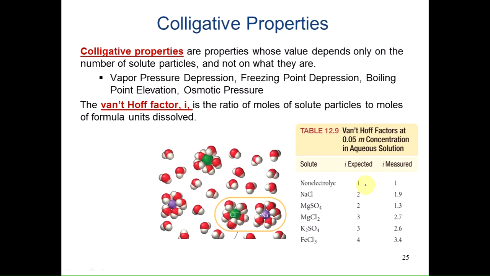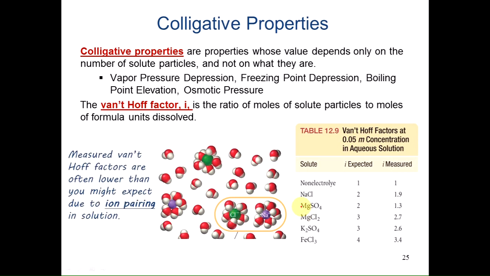But in reality, these are a little bit different when you actually measure them. Let's look at the case of sodium chloride. We'd expect 2 because we produce 2 particles when they dissolve. But the measured one is slightly less than 2, it's 1.9. And the reason it's less than the 2 that we'd expect is that sometimes you get some ion pairing in solution.